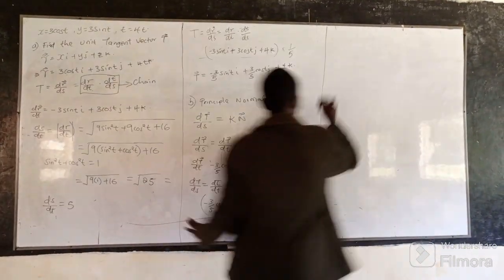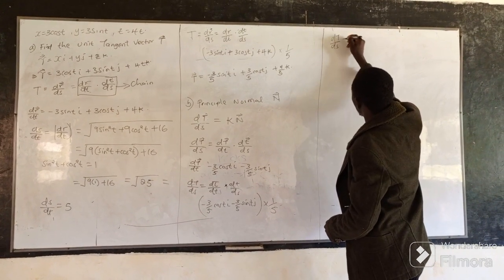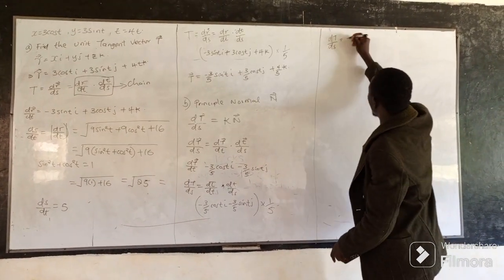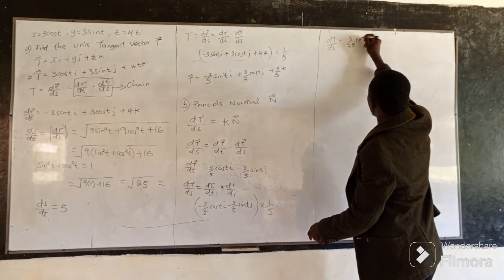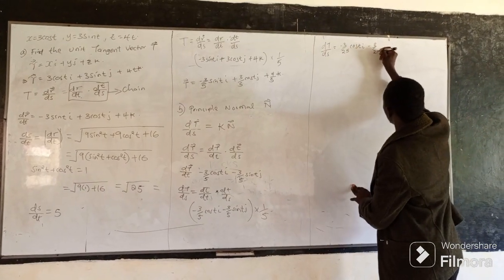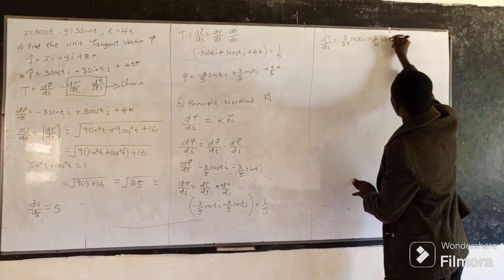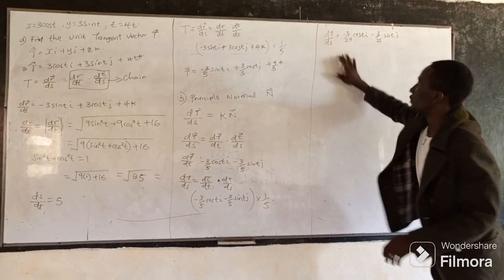Now my value of dT/ds will be equal to negative 3/25 cos t i minus 3/25 sin t j. Yes, this is my answer for dT/ds.